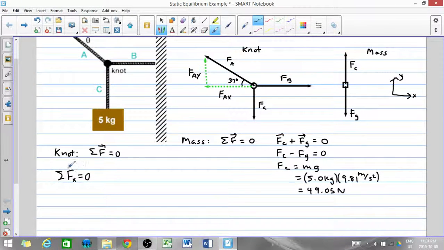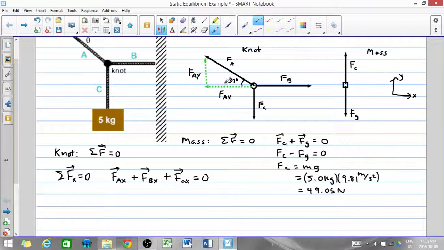All right, so our x components all add up to 0. So FA x component plus FB x component plus FC x component all add up to 0. As we make our substitutions from the diagram, though, we have to pay close attention to what's in the positive and negative direction.